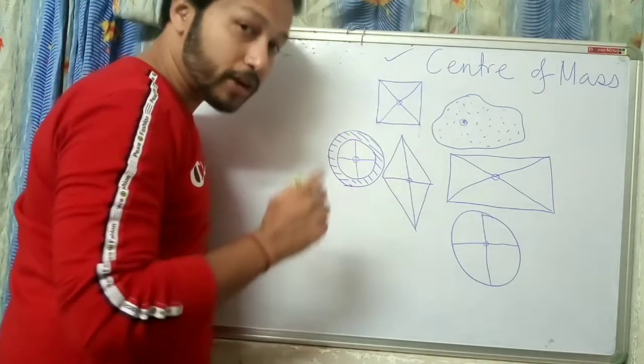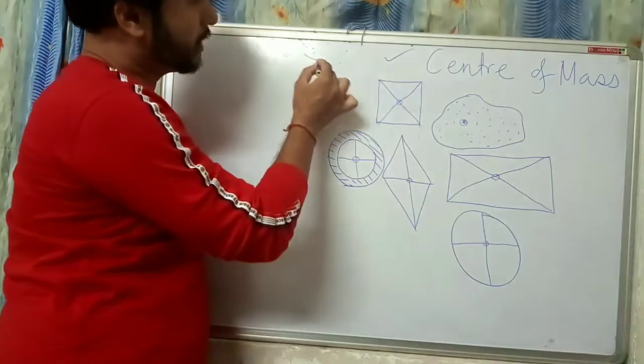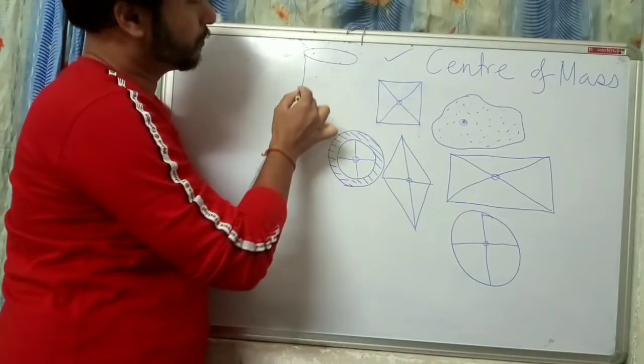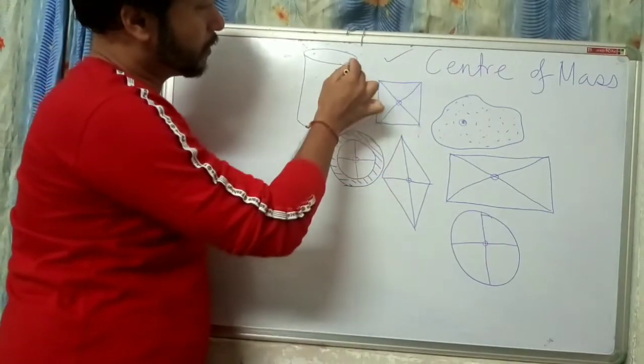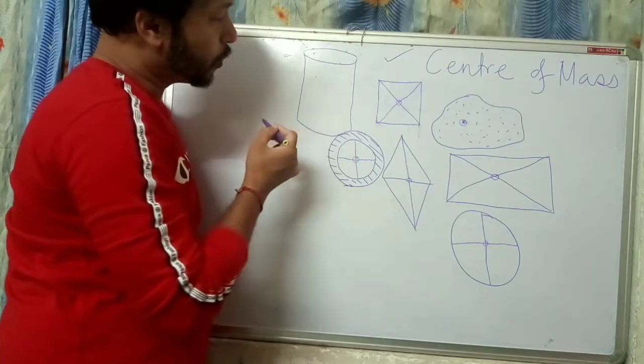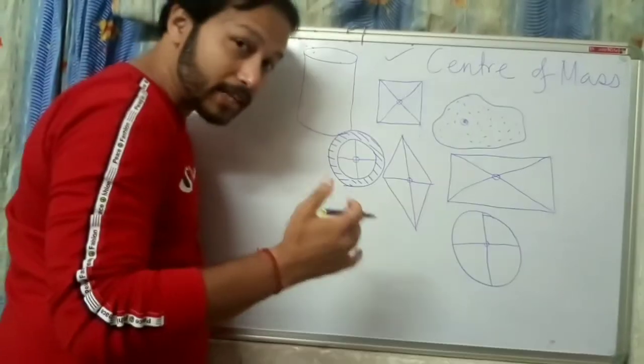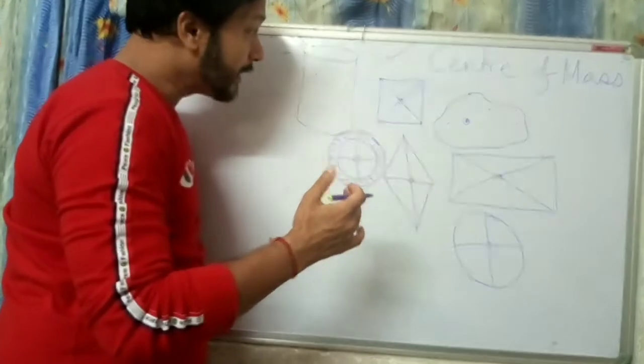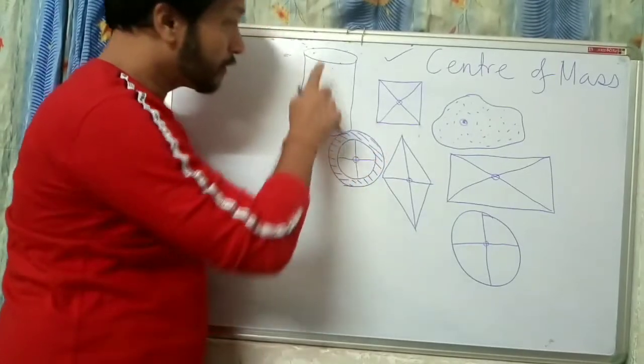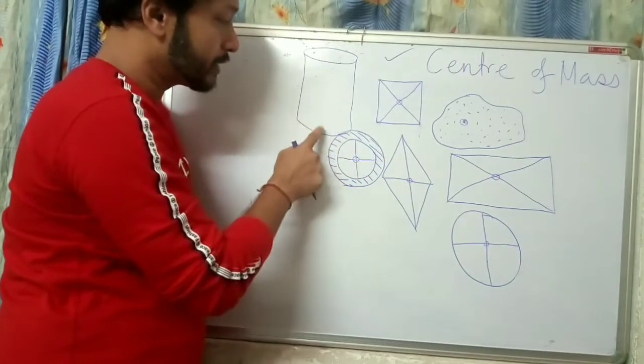Now for a cylinder, we know that it has two bases. This is the top, this is the bottom.